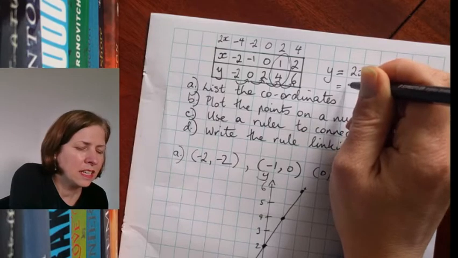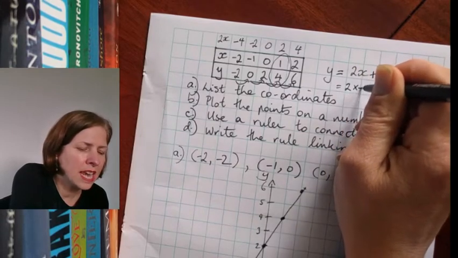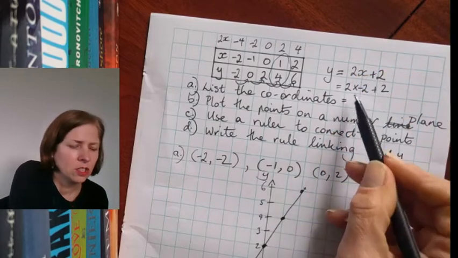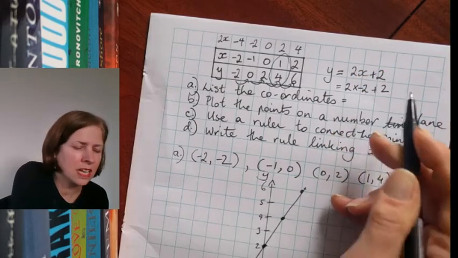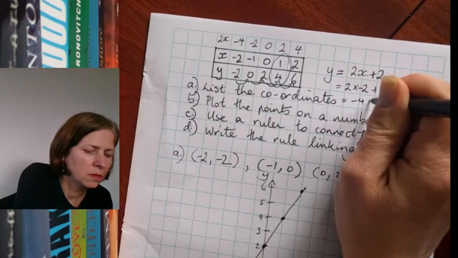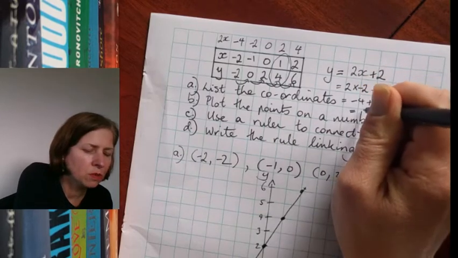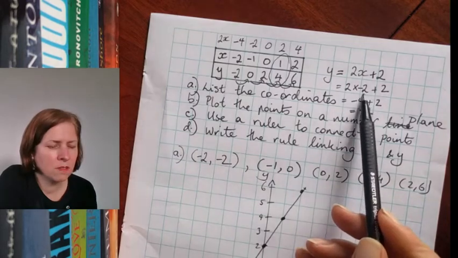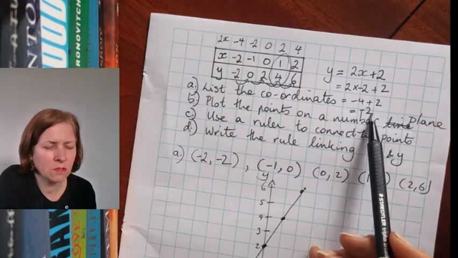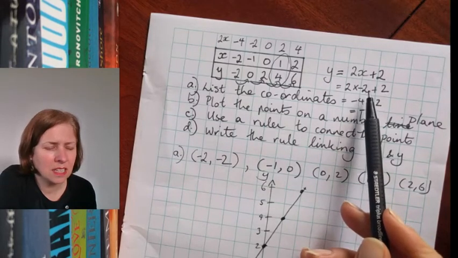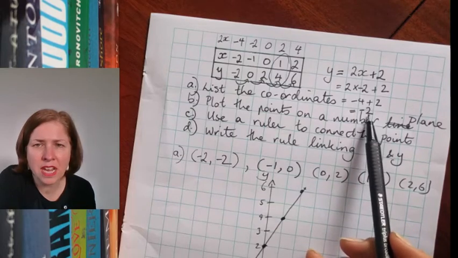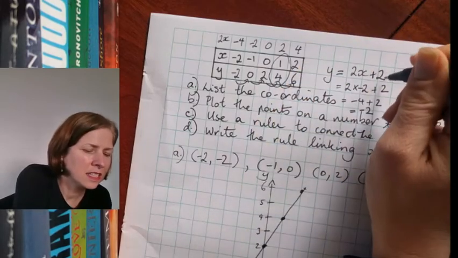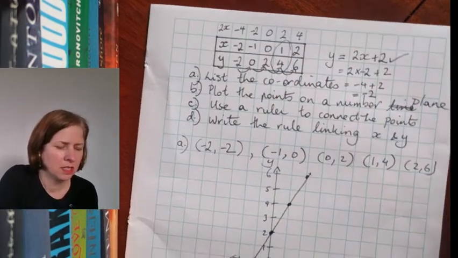If X is negative 2, I get 2 times negative 2 plus 2. 2 times negative 2 is negative 4 plus 2, which equals negative 2. So when x is negative 2, y is also negative 2. And that is what I've got there. So that means this is the right equation.